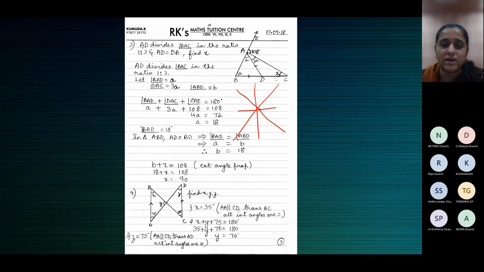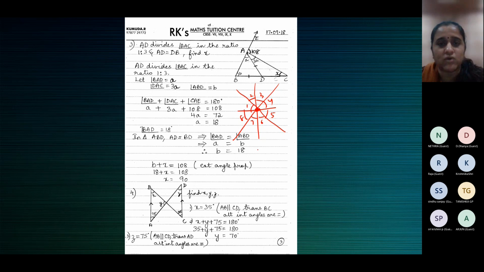Now, supposing I call these angle 1, angle 2, angle 3, angle 4, angle 5, angle 6, angle 7, angle 8. So angle 1 plus angle 2 plus angle 3 plus angle 4 plus angle 5 plus angle 6 plus angle 7 plus angle 8 is equal to 360 degrees, because these 8 angles are formed around the same point. This is the point. Around that point, all these 8 angles are formed.